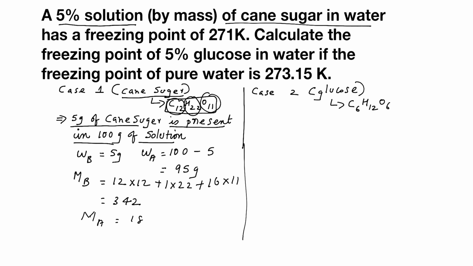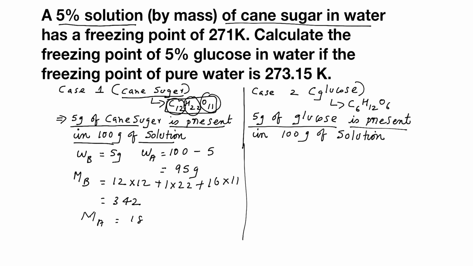Now regarding case 2, 5% of glucose in water means what? 5 gram of glucose is present in 100 gram of solution. Mass of solute is 5. Now what is the mass of solvent? Just like the cane sugar, it is 100 minus 5, that is 95. Now what is the molar mass of glucose?